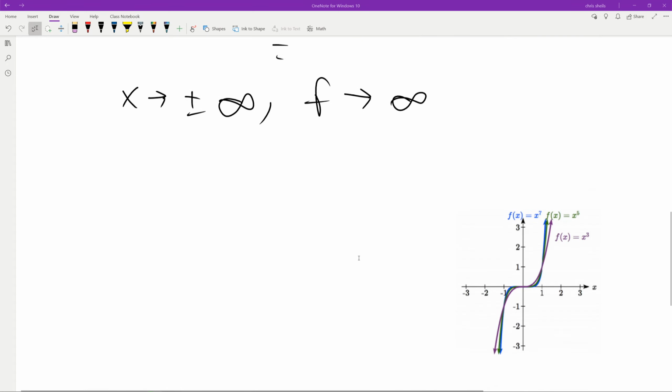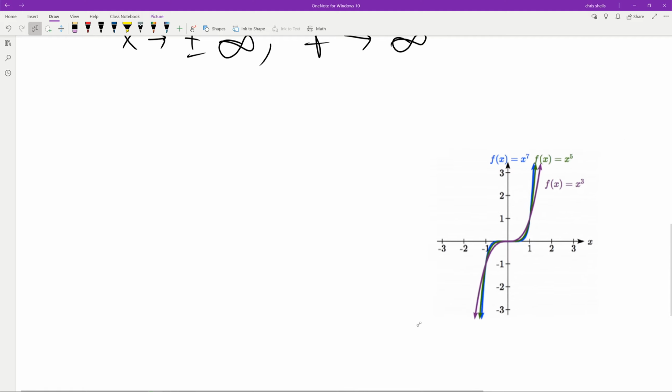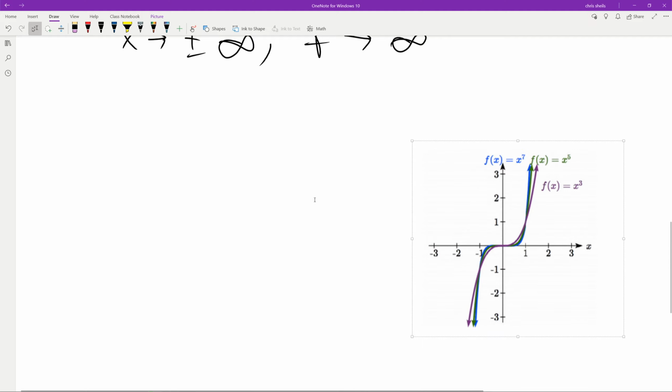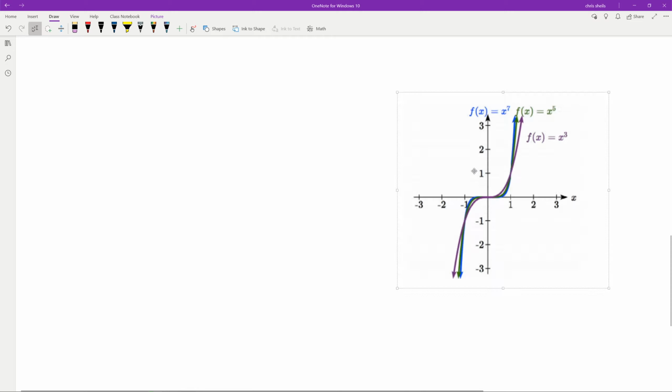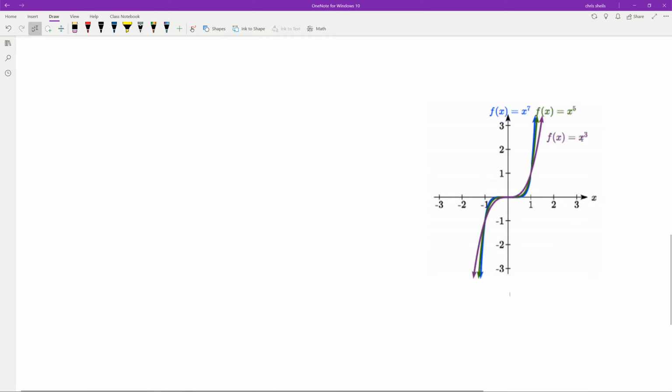Now let's look at the whole number odd powers. Here I have the graphs of f of x equals x cubed, f of x equals x to the fifth, and f of x equals x to the seventh. These are all odd whole number powers.